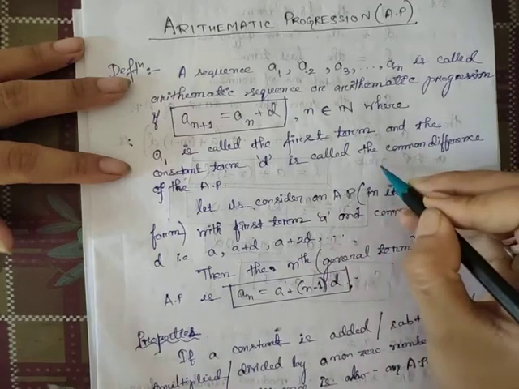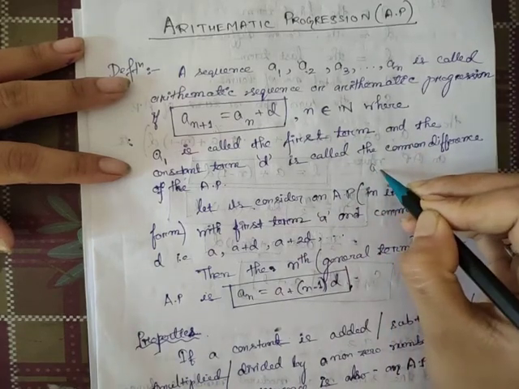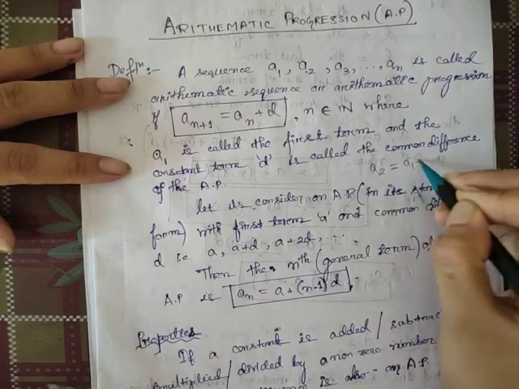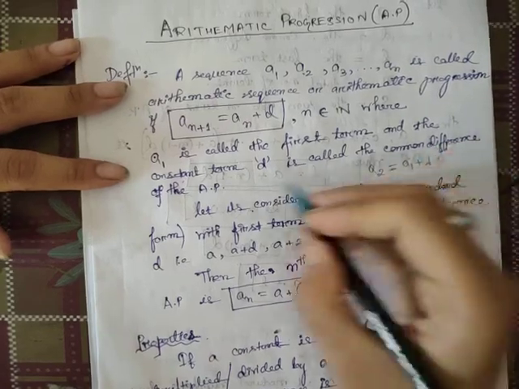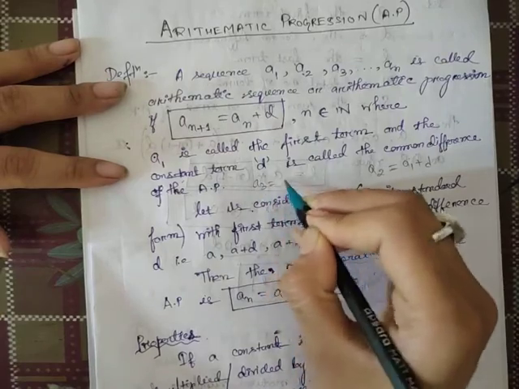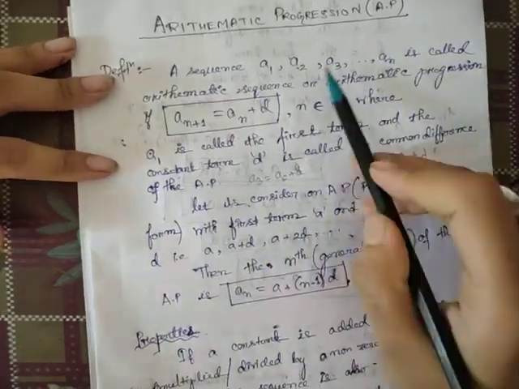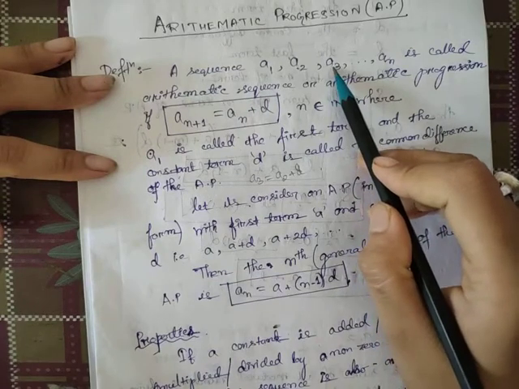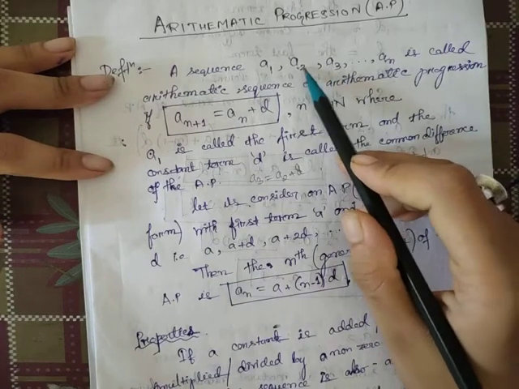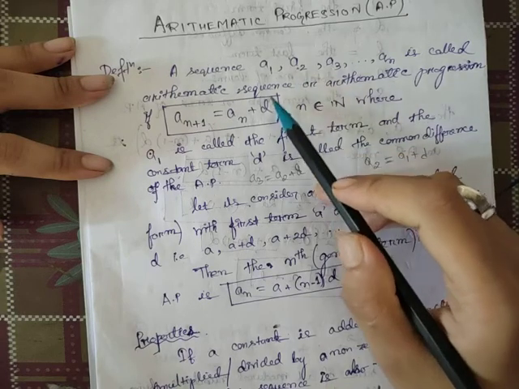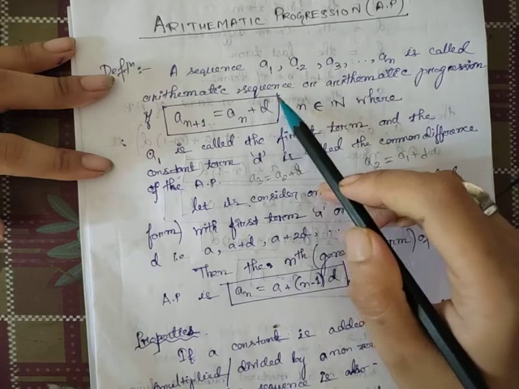That means, in common language, we can say a2 equals a1 plus d. Similarly a3 equals a2 plus d. That means our succeeding term is the same as the previous term plus the common difference d. D is your common difference.